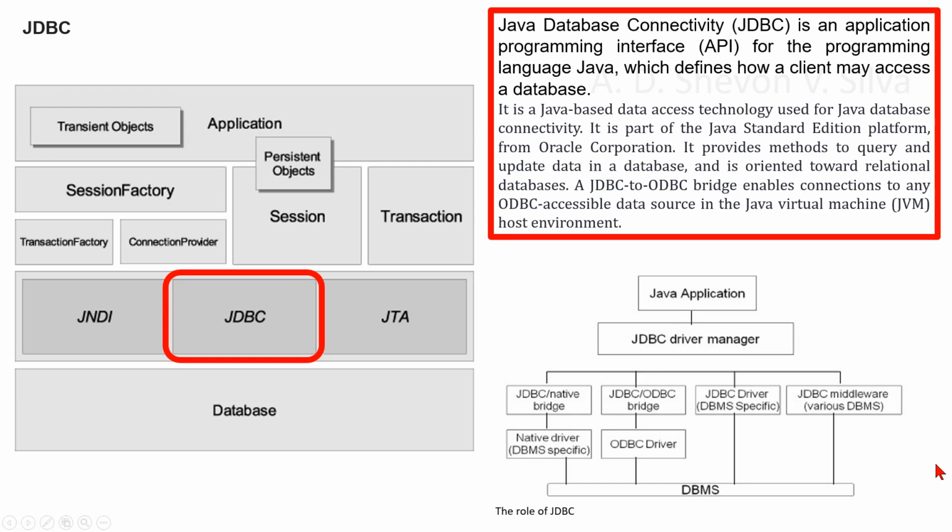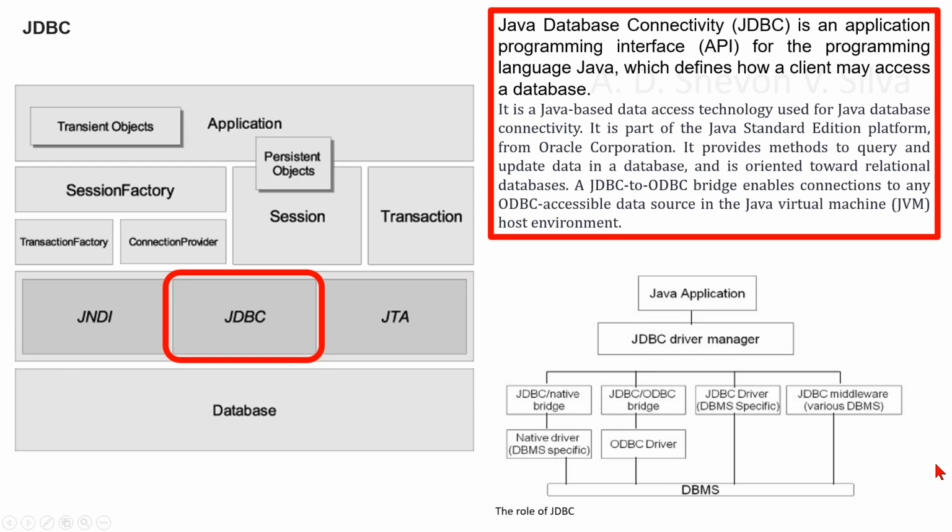ODBC cannot be directly used with Java because it uses a C interface. Calls from Java to native C code have a number of drawbacks in security, implementation, robustness, and automatic portability of applications. ODBC makes use of pointers, which have been totally removed from Java.